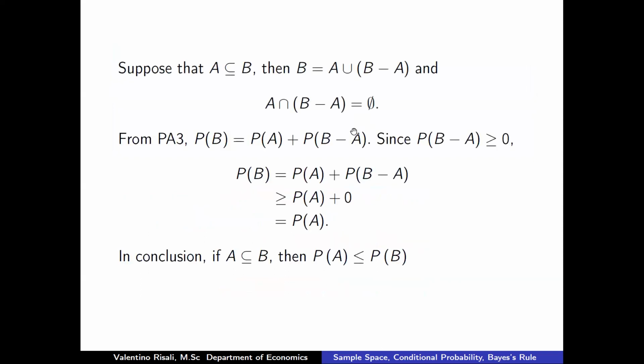The next result is, if we have an event A that is a subset of B, then the value of PA is less than or equal to the value of PB. This is the last result of our discussion today.